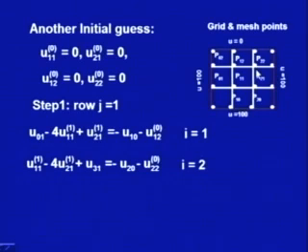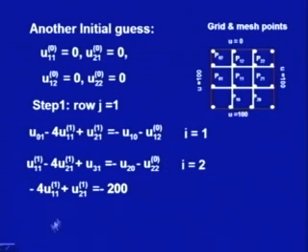Now, the boundary conditions are the same. So, here also u01 and u10 both are 100, but now u12 and u22, we have taken the initial guess as 0. So, the first equation would be minus 4 u11 plus u21 is equal to minus 200. Similarly, in the second equation the boundary points u31 and u20 both are 100, but the initial guess u22 is 0.